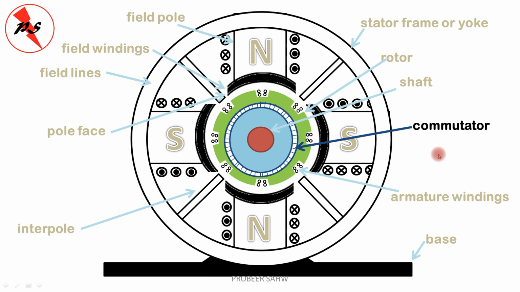Apart from this, we have a commutator, which is again fixed on, or supported by, the shaft. The role of the commutator is that in this DC machine, the EMF that is induced in the conductors is basically AC in nature, but we must obtain DC electricity from this machine. Therefore we have to convert that AC EMF into DC EMF. For that purpose we have the commutator section.